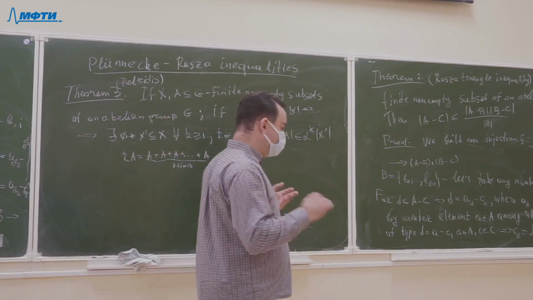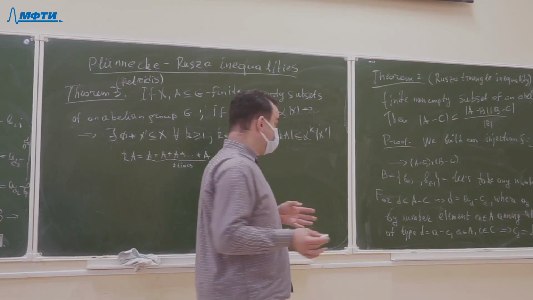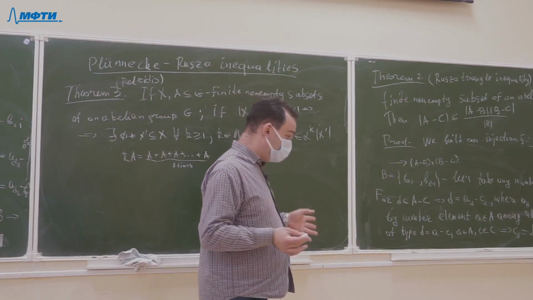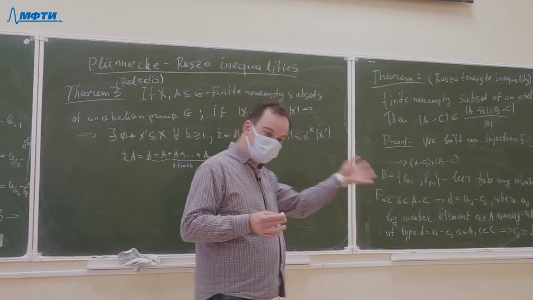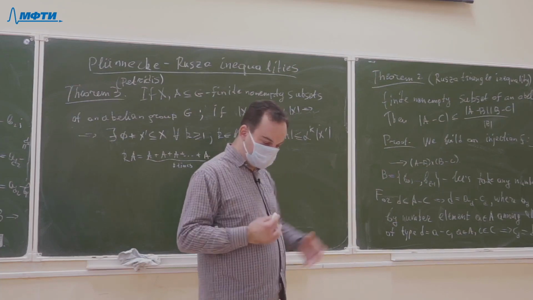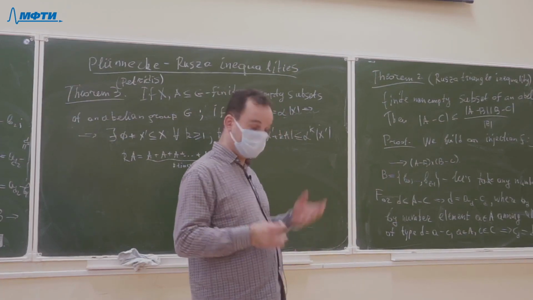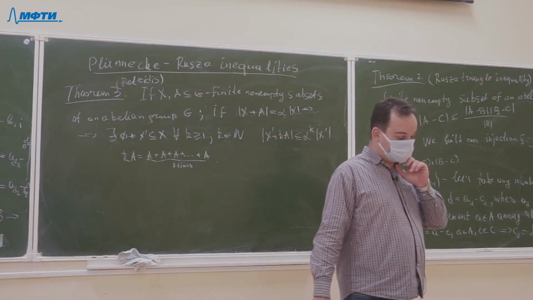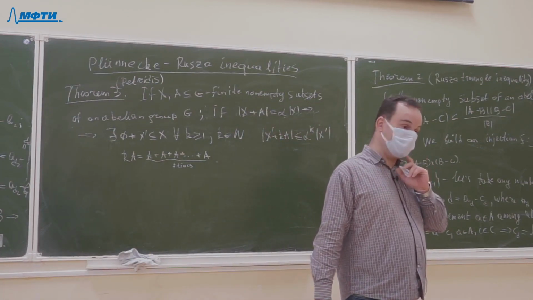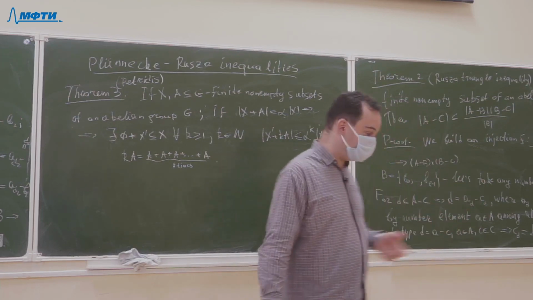So basically, this is Ruzsa's result. But as far as I know, he made this with consultations with Plünnecke. So probably Plünnecke somehow worked with Ruzsa when he wrote this paper.